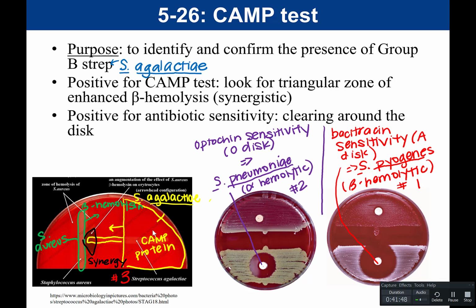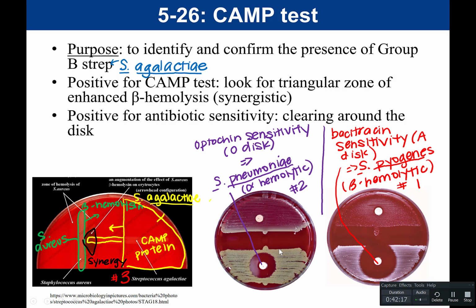So one of the things that we did was we had an optochin disc. This is an antibiotic. It's referred to as the O disc. And we're looking for optochin sensitivity. And remember that for antibiotic sensitivity, you're looking for these zones of inhibition, this clearing. If we see this clearing around the disc, that means that the bacteria is sensitive to the optochin.